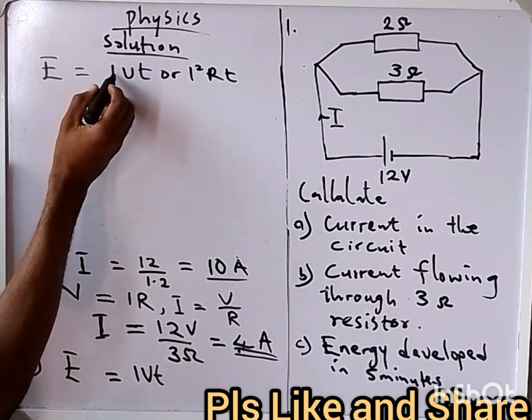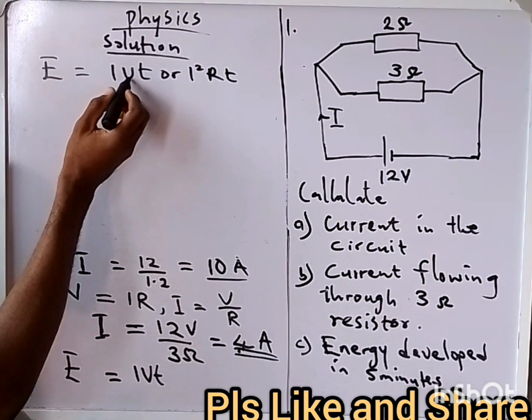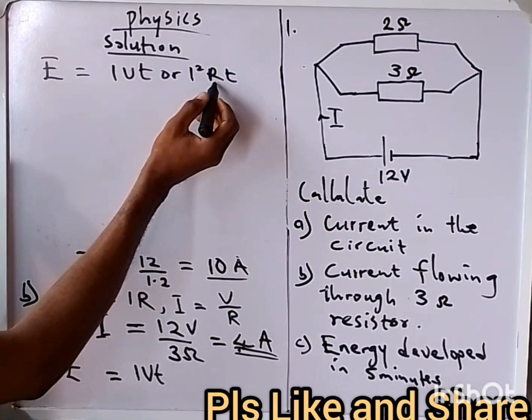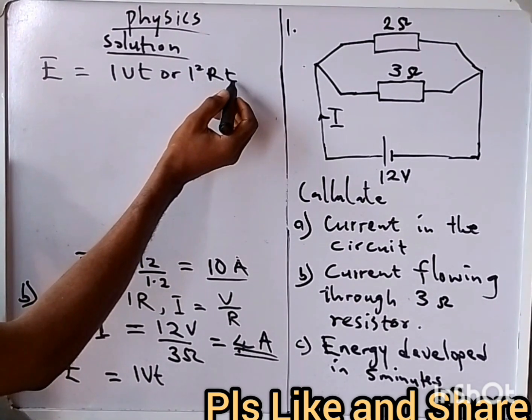Don't forget, this I represents current, V is voltage or potential difference, T is time. In the second, this is current, R is the resistance of the resistors, and T is time.